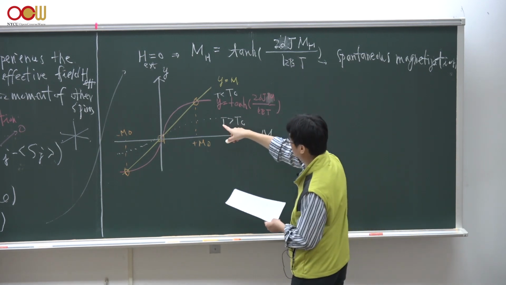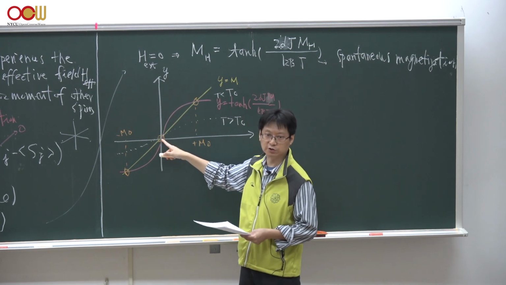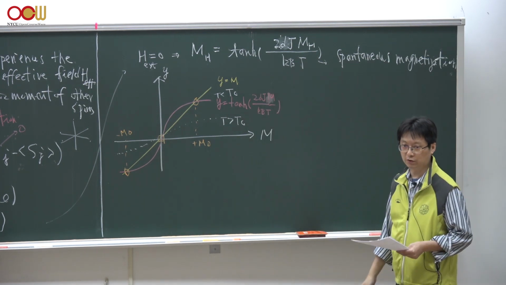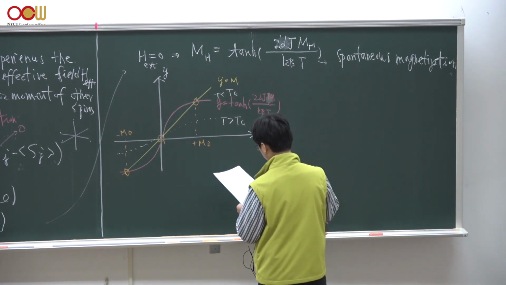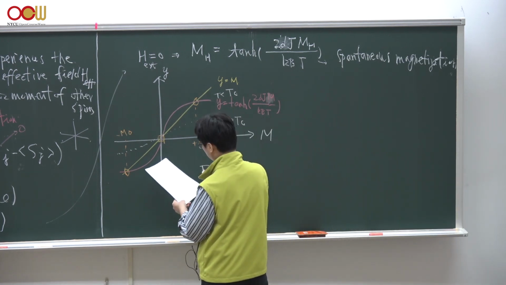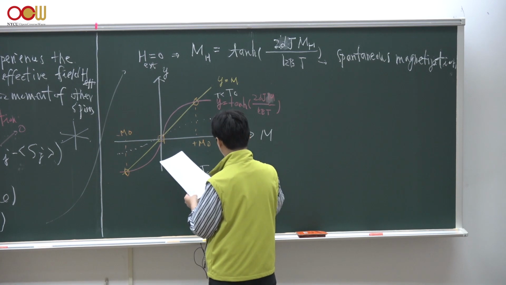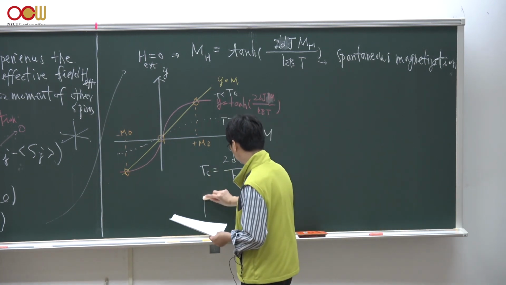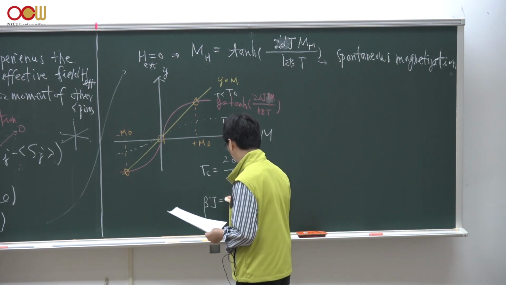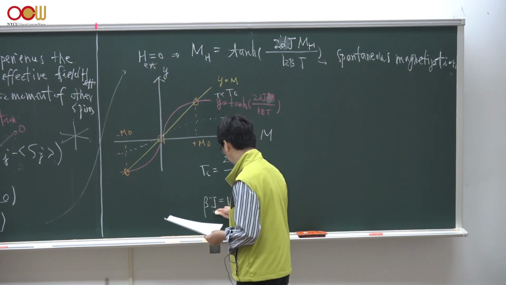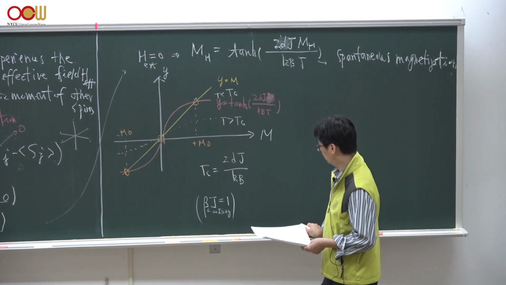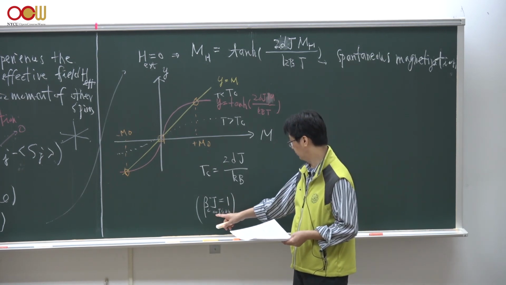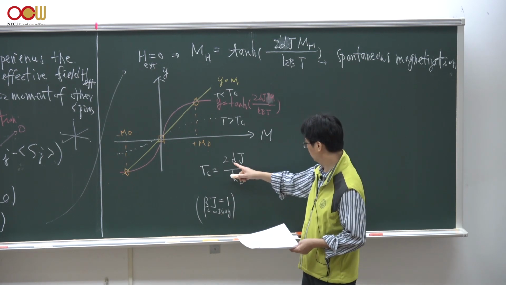But when T is larger than Tc, there's only one solution, which is the trivial solution at zero magnetization, and therefore the system does not order. And Tc occurs exactly when 2dJ divided by kB is Tc. Remember, this is what we call beta J equal to 1 for the infinitely long-range Ising model. And here we simply replace J of the infinitely long-range Ising model by 2dJ.